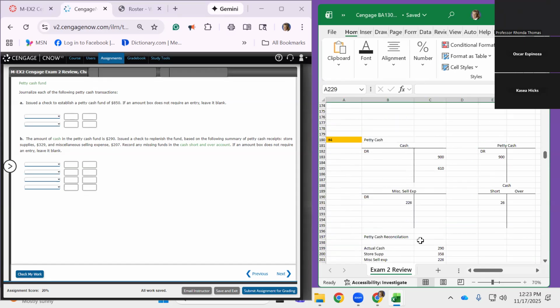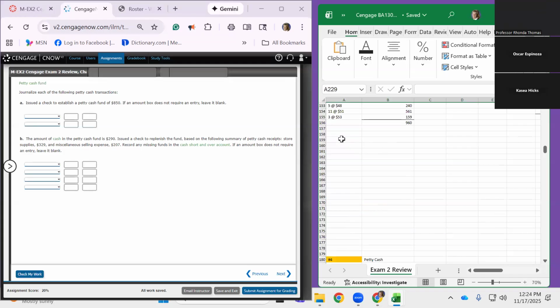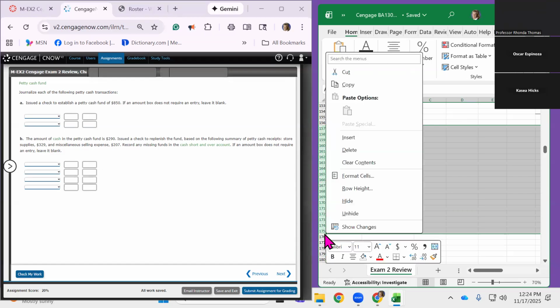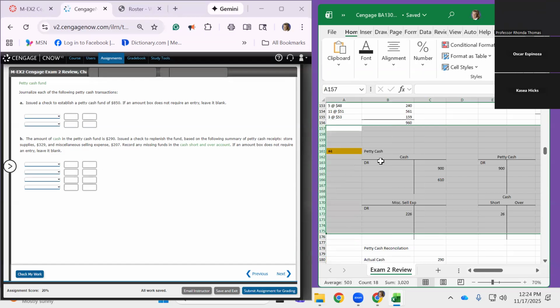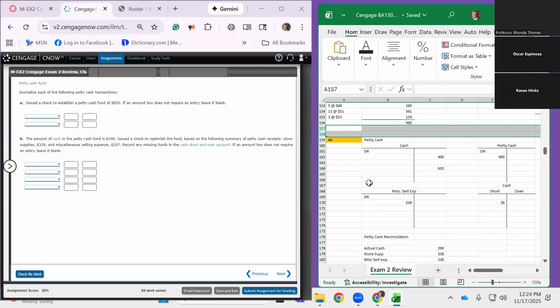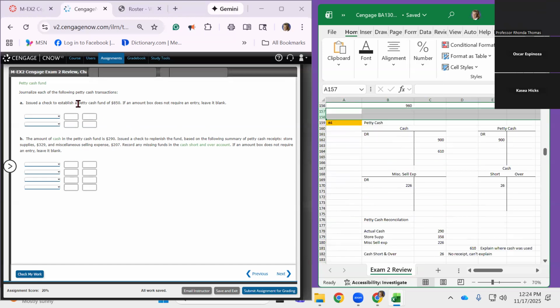All right, we're getting ready to do petty cash. So this is going to be number 4. So petty cash, delete. All right, so it says, journalize the following petty cash transactions. Issued a check for $850 to establish the petty cash fund.